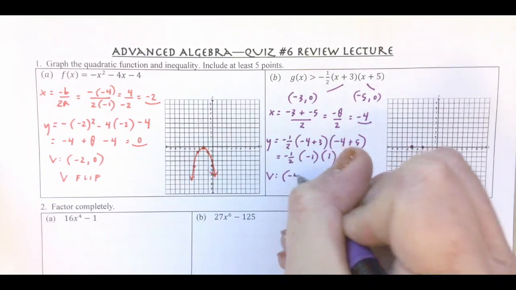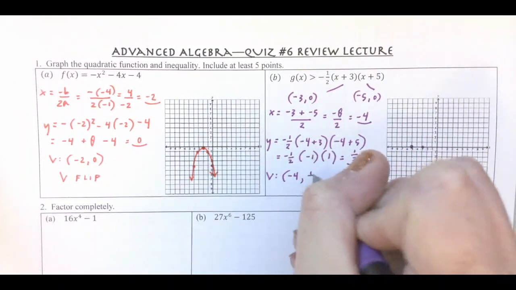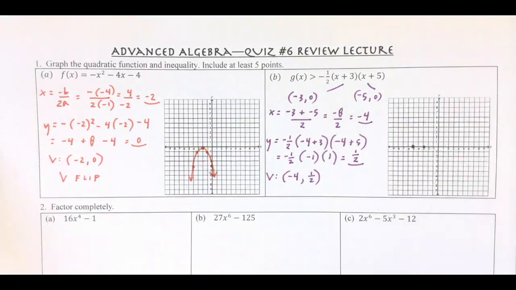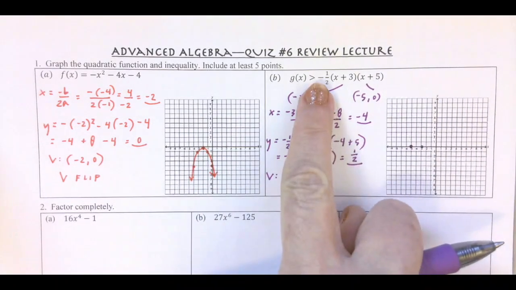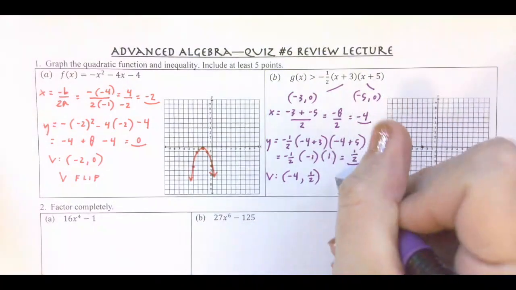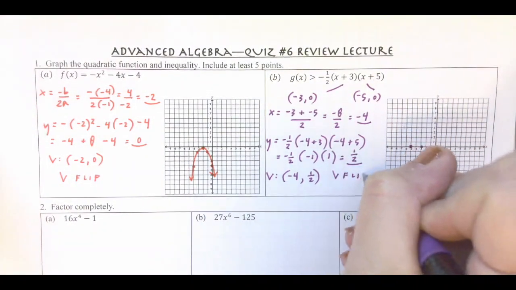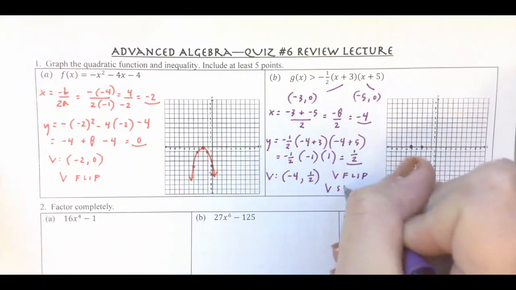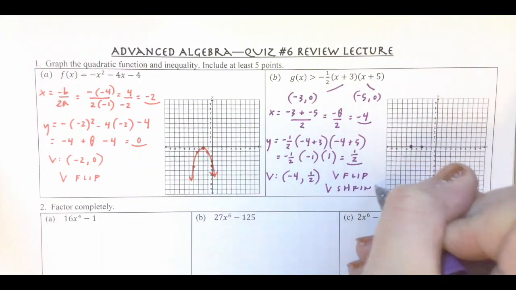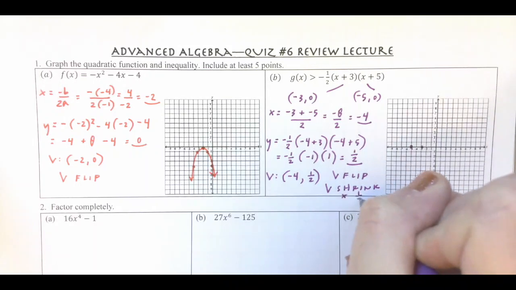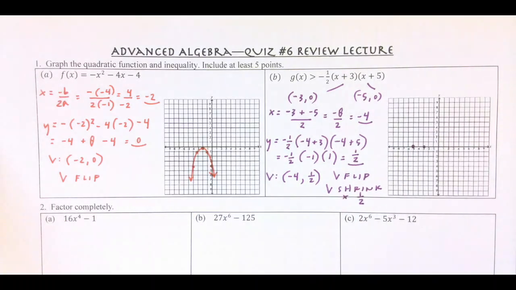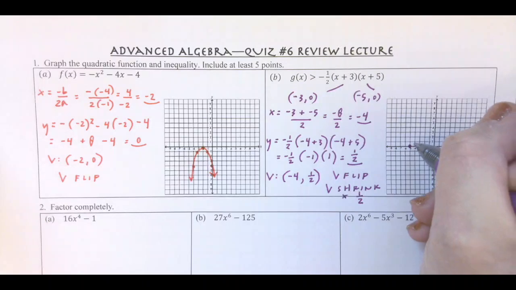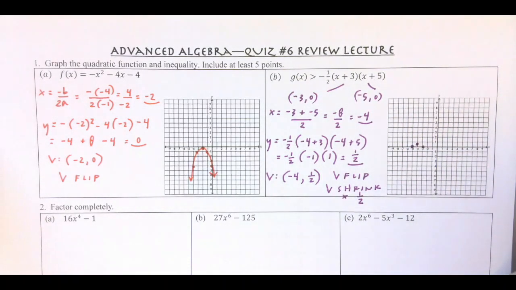So my vertex is at negative 4, 1/2. I can see that there's a negative out in front, so there's a vertical flip. And that 1/2 is a vertical shrink by 1/2. So when I plot that negative 4, 1/2 right here, that actually makes sense.